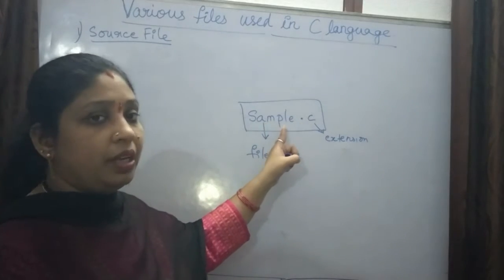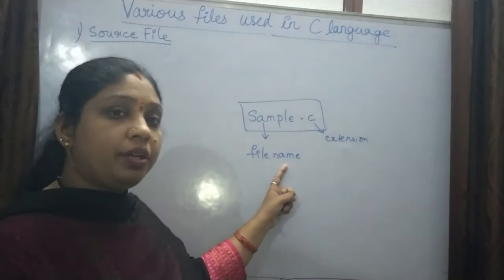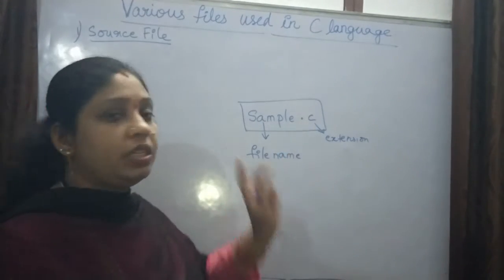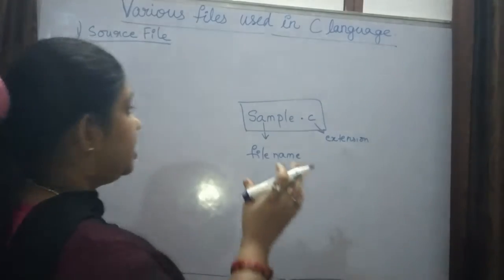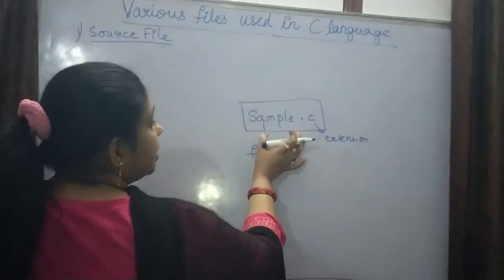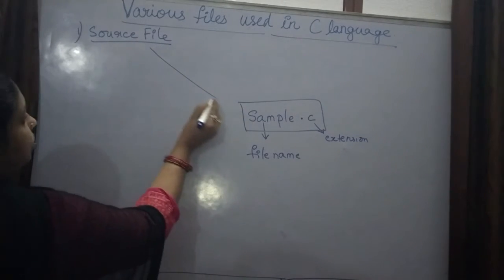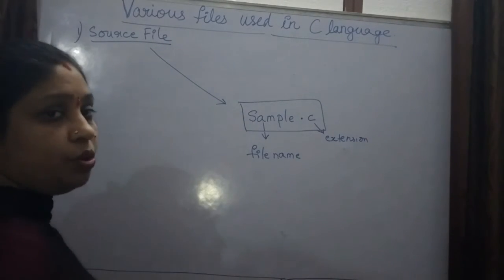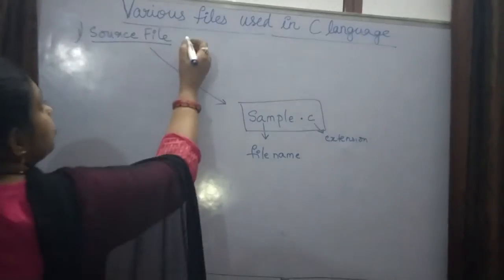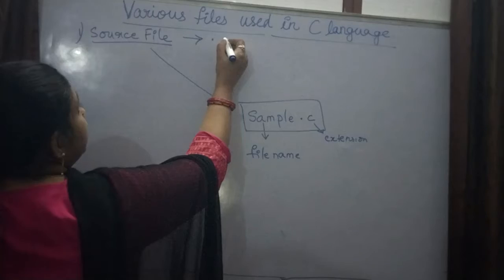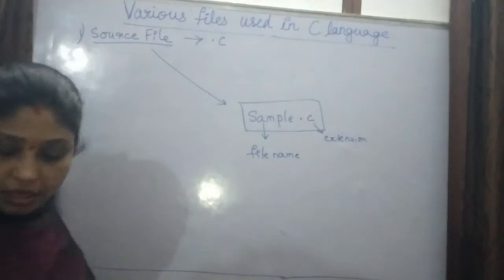For example, sample.c. Sample is the file name which you are giving to the program, and .c is common for all C programs. So this type of files which you are saving are called source files. Source files are saved with the .c extension. Understood?